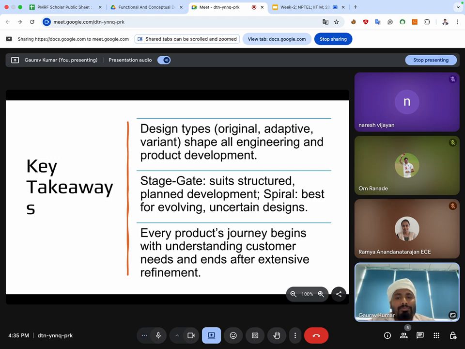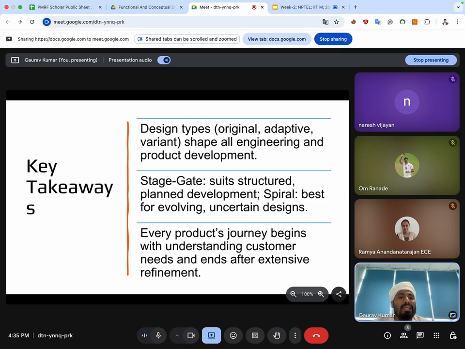So let's talk about how we manage the journey of product development. There are many models, but two are especially important: stage gate and spiral. Stage gate is like a checklist-based highway. You move from one phase to another only after crossing a gate.